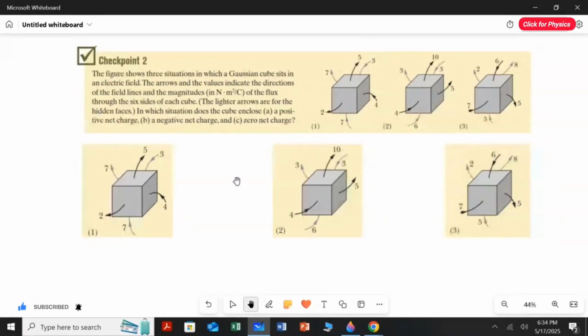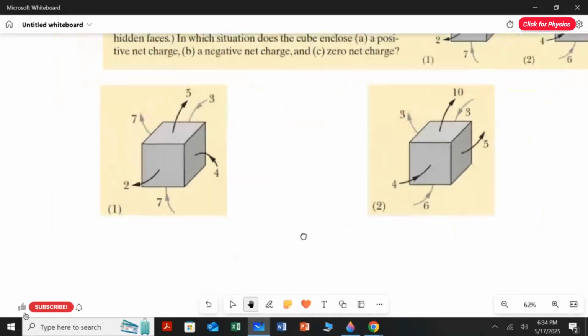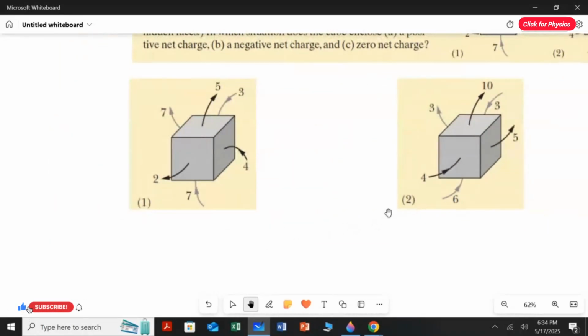Okay, we start with the first figure. In this first figure, we can find the flux, right? First I'm going to calculate the flux, and then we are going to check what the charge is. Clear? So first let's find the flux through the first figure. The flux here is: the field lines entering the phase have the negative value, and the lines coming out of the phase have the positive value.